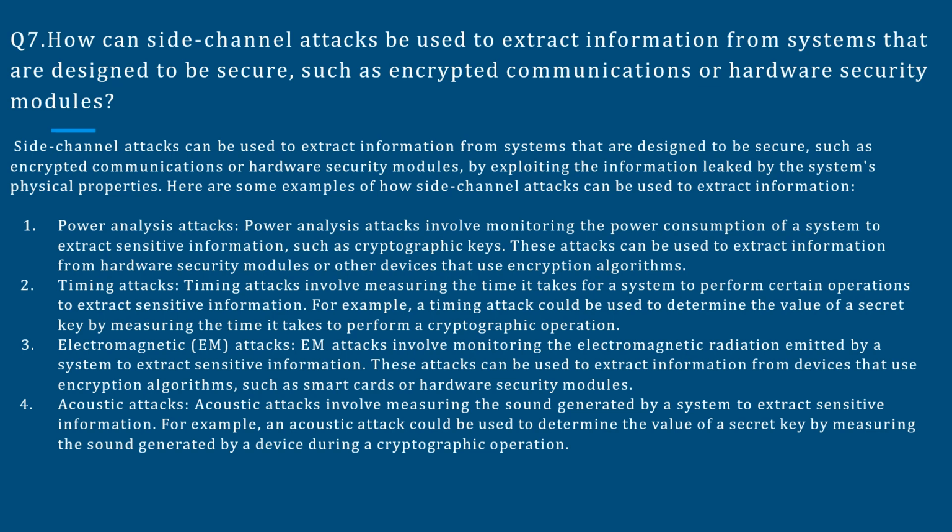Fourth, acoustic attacks. Acoustic attacks involve measuring the sound generated by a system to extract sensitive information. For example, an acoustic attack could be used to determine the value of a secret key by measuring the sound generated by a device during a cryptographic operation.